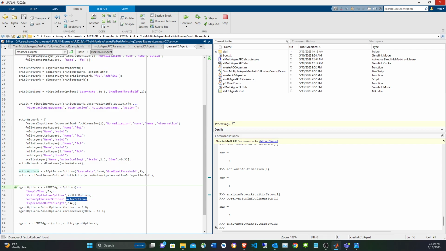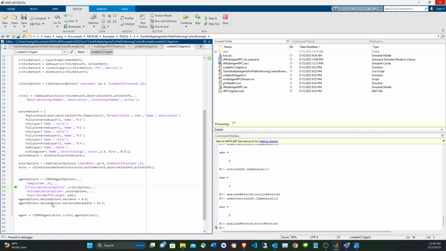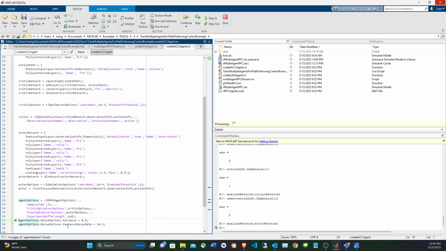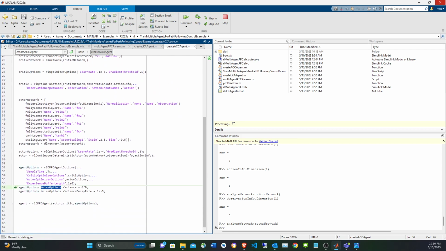So the experience buffer length is 1 million experiences. So it's a bunch of experience from the training that the training is going to be sampling from, as I mentioned before. So the noise, this is important for exploration. You have a variance of noise that is going to decay. And the reason for this is that at the beginning, the agent knows nothing. So you cannot be greedy, because if you are greedy at the beginning, you're going to fall into a local minimum.